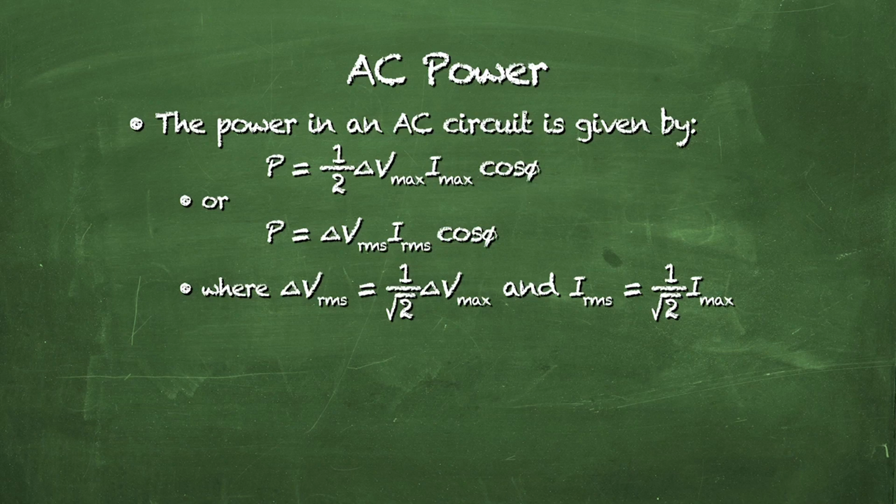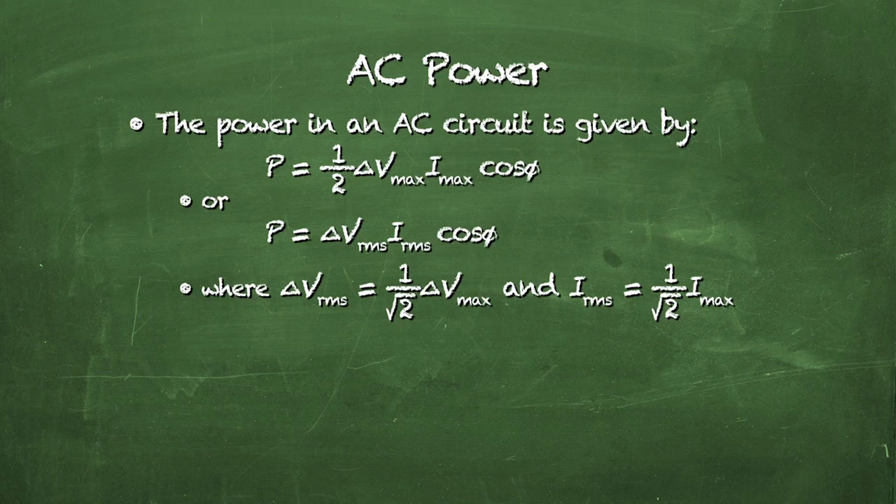When we use delta V RMS and I RMS, our expression for power becomes delta V RMS times I RMS times cosine of phi. So if we use RMS voltage and RMS current, we don't have the factor of 1/2 appearing explicitly.